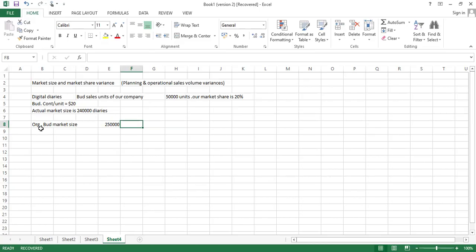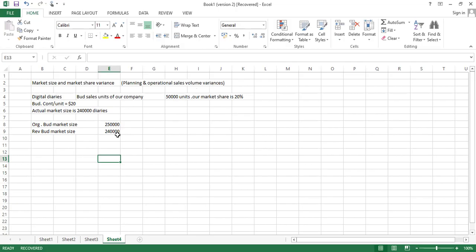Actual market size is also called what? It is also called revised budgeted market size, because no other revised value is given, which is 240,000. So market size is called what? It is called planning sales volume variance.